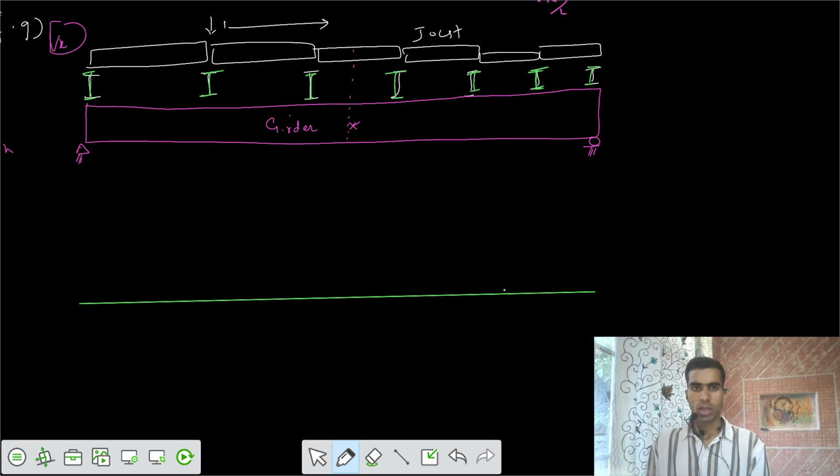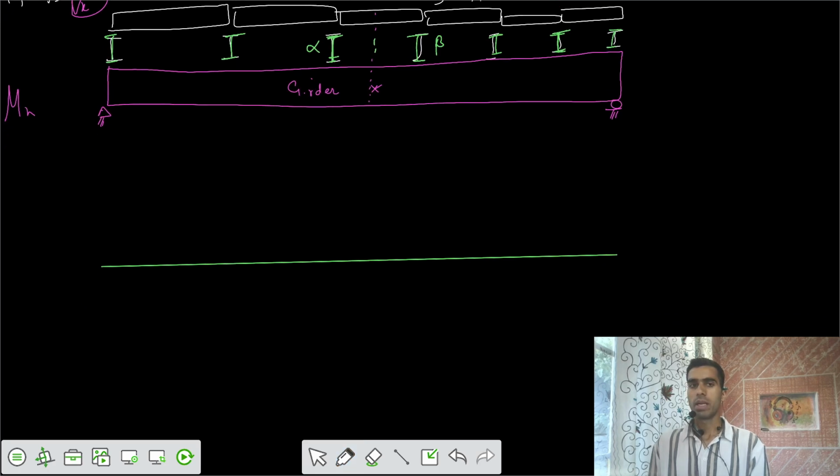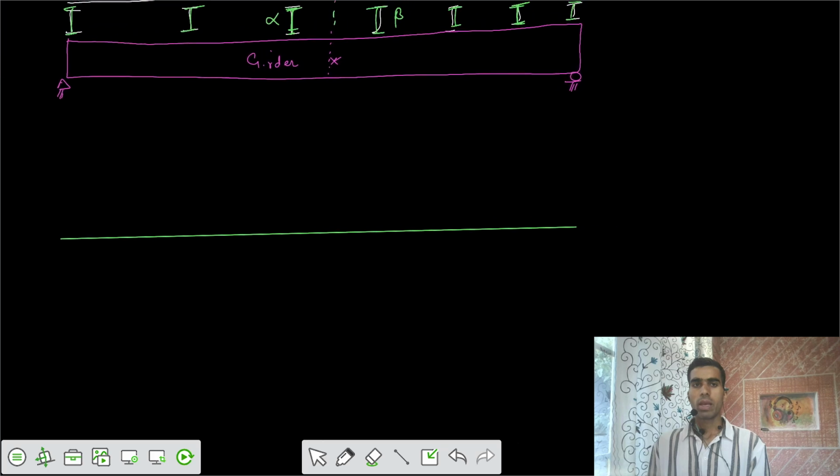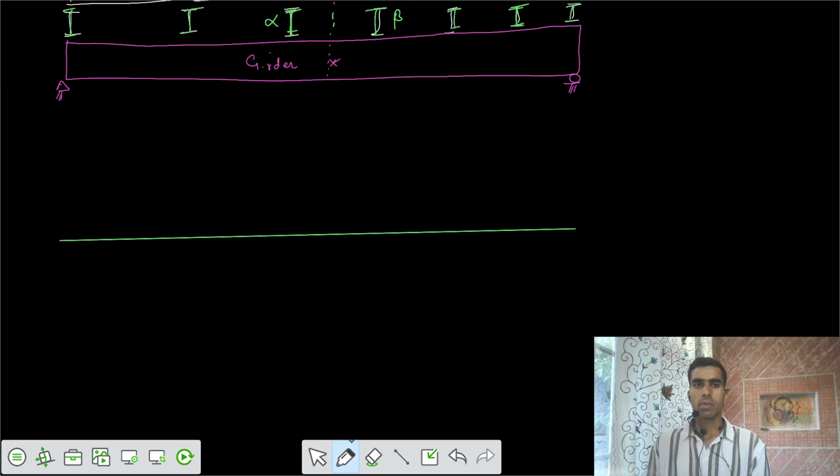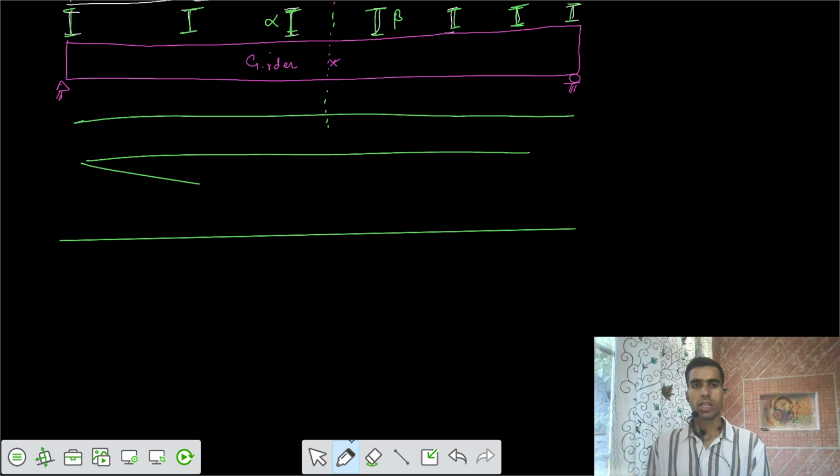I would say your critical points become, if you're talking about the section between two joints, let's say this is some alpha, this is some beta. So our critical points are alpha and beta. We need to get the ordinates at alpha and beta. If it was a simply supported beam and we are talking about section X, the ILD for the shear would have been in this fashion.